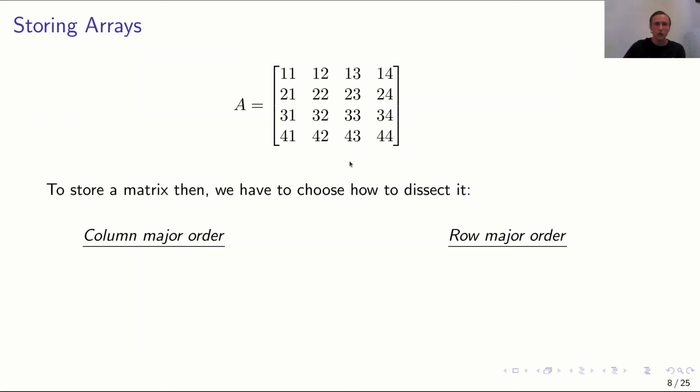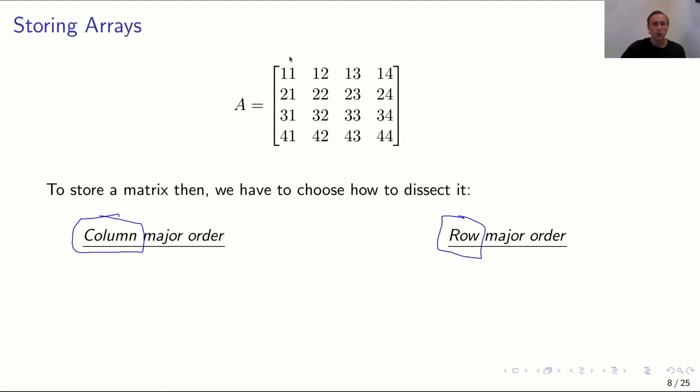However, if we move to two-dimensional or higher dimensional objects, we're going to run into a problem, of course, because these still need to be represented as a 1D object in memory. So in doing so, there are really two major choices. You can probably guess them. They are column major order or row major order.